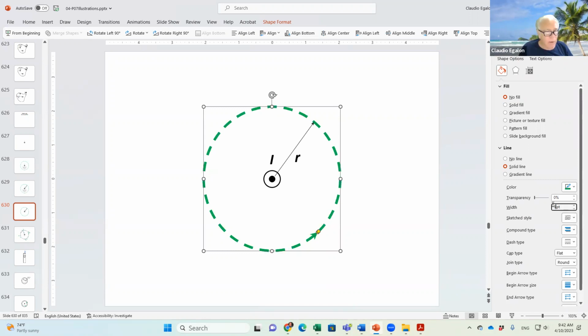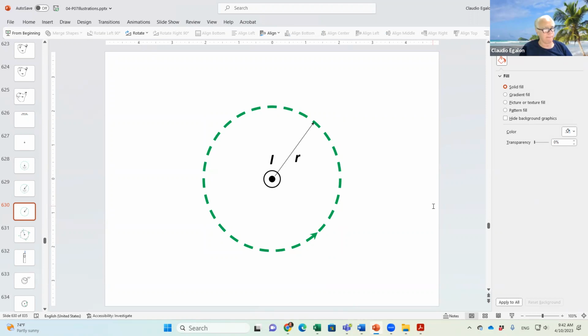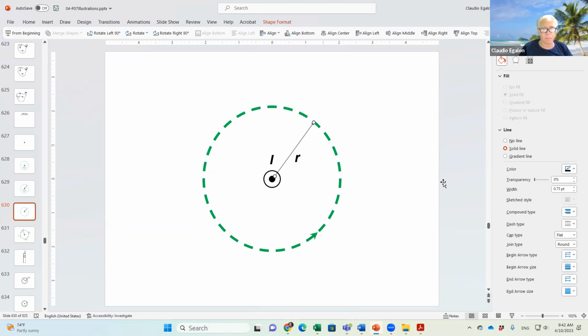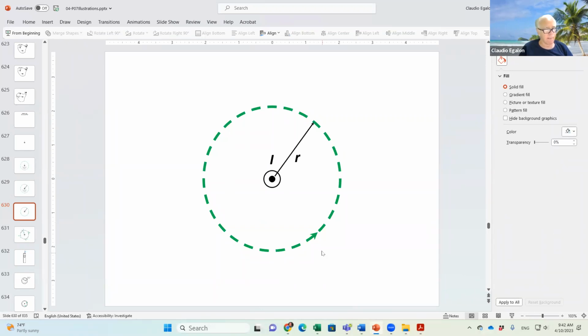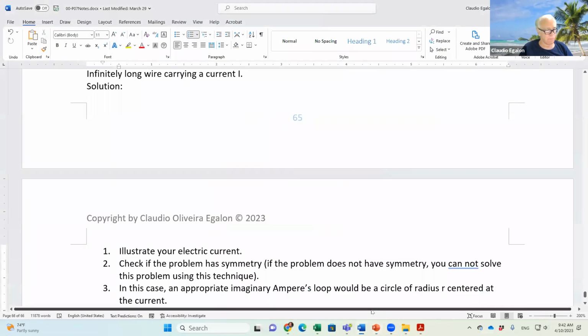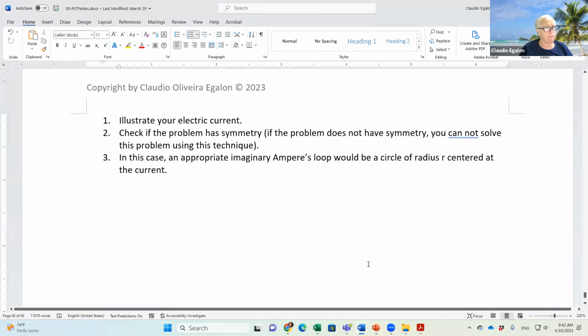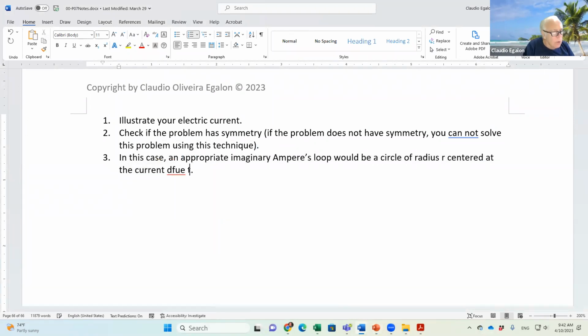Okay, better. Counterclockwise. I choose counterclockwise, due to the symmetry of the problem.